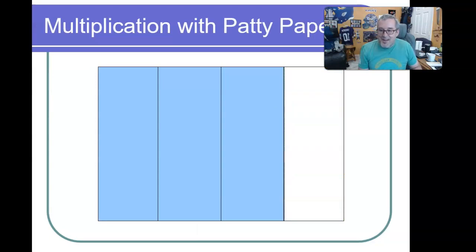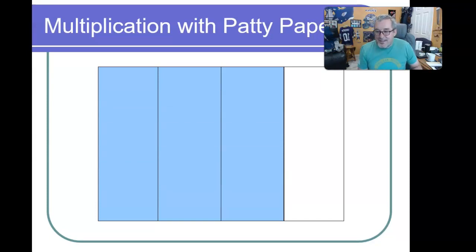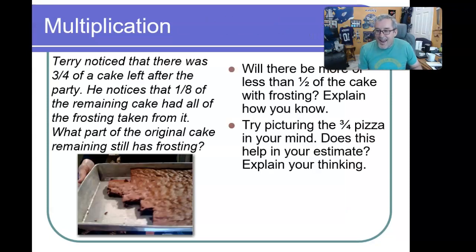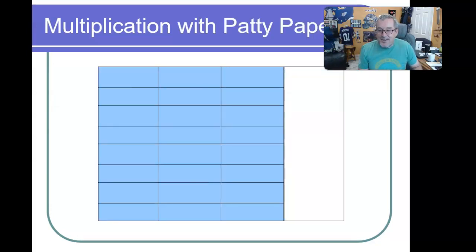All right, so there's 3/4 of a cake, and now we want to take the remaining cake and cut it up into eighths. So there's 1, 2, 3, 4, 5, 6, 7, and 8. So Terry notices that 1/8 of the remaining cake, and so here it is. I have to go across like that. There's 1/8.